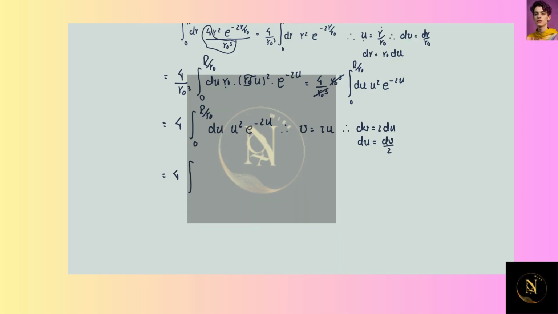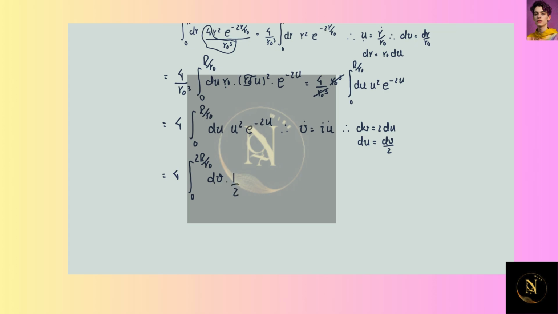Then we have the following. 4 times the integral from 0 to 2 times capital R divided by r0, because v is equal to 2 times u, on dv, but du is equal to dv over 2, so there is a factor of 1/2 here.